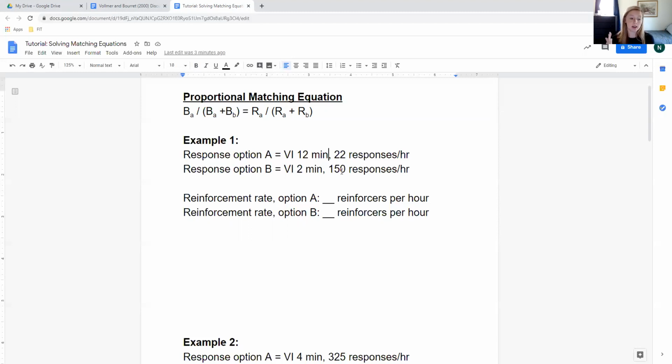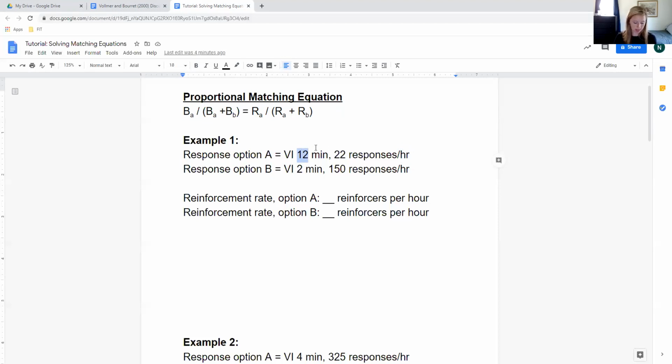If the organism responded in a way that accessed all reinforcers, how many reinforcers would be delivered? To do that, we're going to take 60 minutes, since we're going with a total unit of an hour as shown from our response rate, and divide by our schedule value. Our schedule value for response option A is 12.